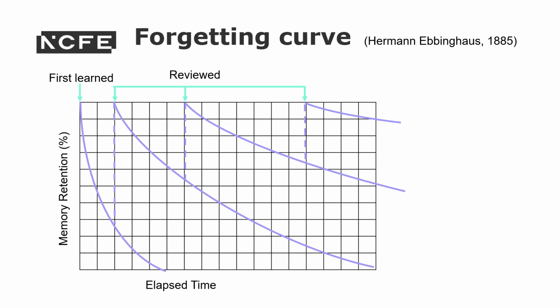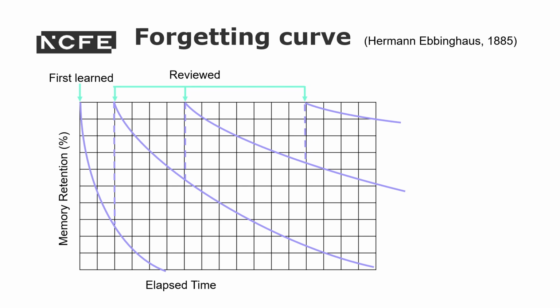So with this forgetting curve, we can see we've got time, and memory retention on the y-axis. When we first learn something, we've got it, it's not had any time to slip out of our memory. But this first curve is very steep. When we first learn something, very, very steeply we just forget it. It's slipping out of our memory.